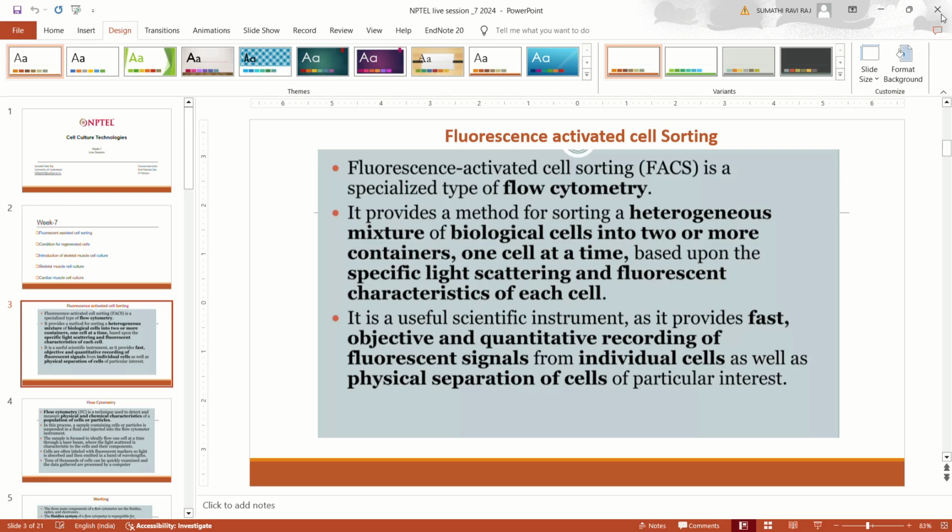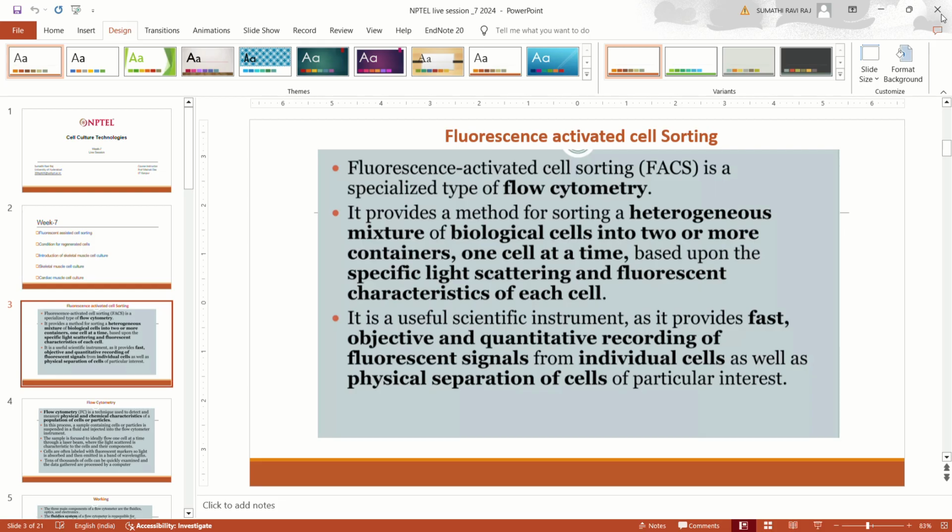It is a useful scientific instrument as it provides fast, objective and quantitative recording of fluorescent signals. So it's fast because the cells will be passing through it continuously, and it will simultaneously detect them qualitatively, and it will also have quantitative detail about how many cells are of a specific type in the given mixture, and the intensity of the signals can also be measured.